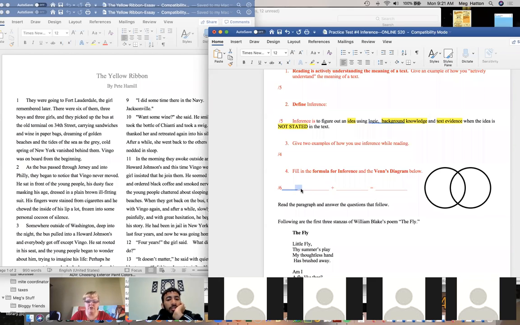Plus text evidence equals inference. Right? And then same with the Venn diagram, what would go here in this circle?